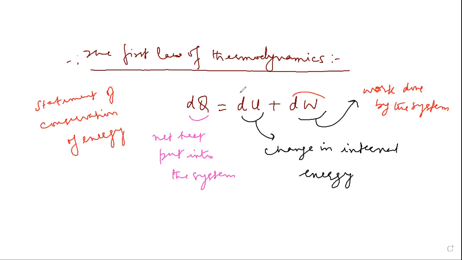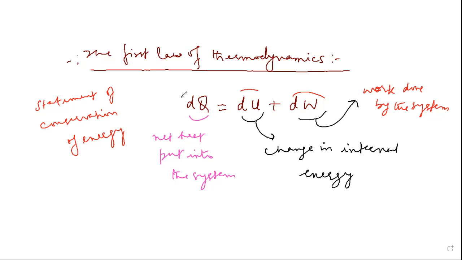Or if there is no change in the internal energy of the system, that heat put into the system will be used by the system in doing work against the surroundings. Our third possibility is the heat put into the system will be used by the system partly in enhancing its internal energy and partly in doing work against the surroundings, right?